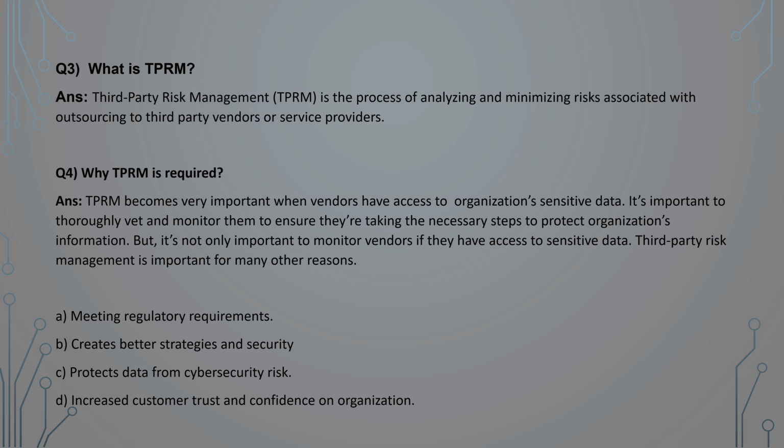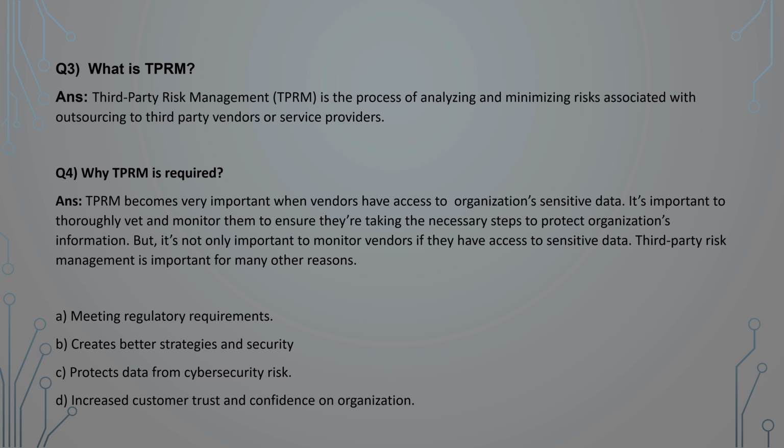The second one is creating better strategies and security. That means the TPRM team is responsible for creating better strategies and security, managed by their organization over the vendor. Next is protecting data from cybersecurity risk, because if data is shared with the third party by the bank or any financial institute, right?